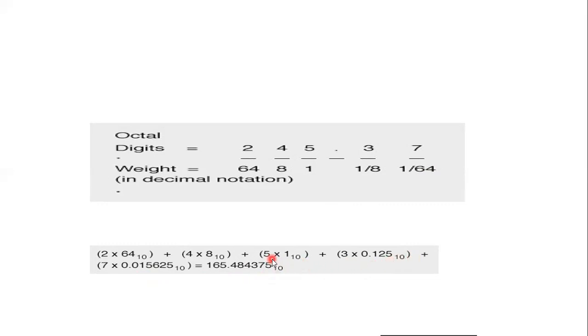Then we multiply the point values: 3 into 0.125, 7 into 0.015625, which is equivalent to 0.484375. Therefore 245.37 is 165.484375.